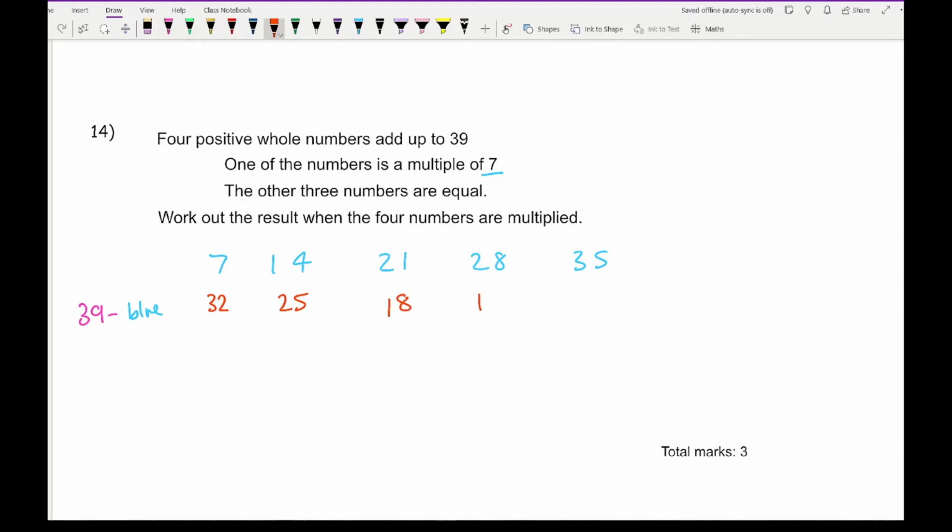Then we're looking at 11, and then we're looking at 4. Now out of these, which is a multiple of 3? It's going to be this one here.